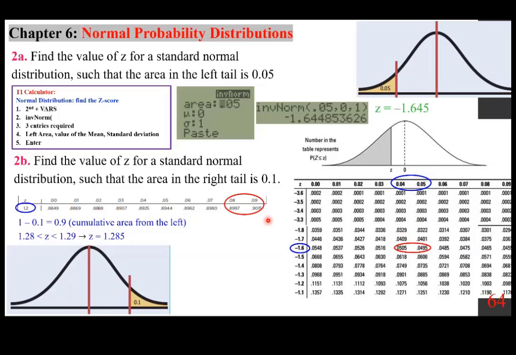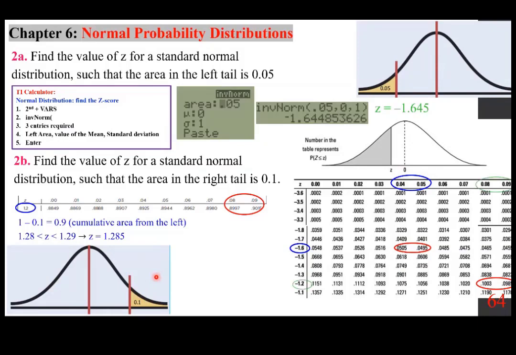The other method would be, if you use the -1, by symmetry, if I put the value here, I get the same value but negative, and now because we want it to be in the right tail, we negate that.